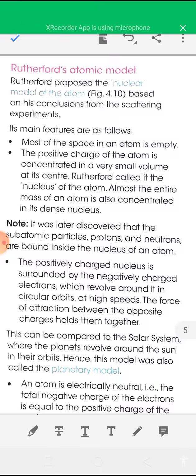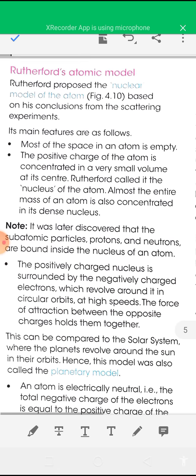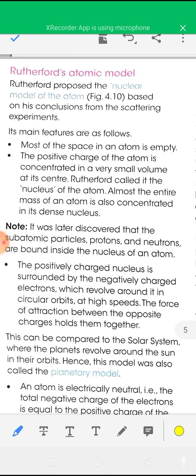Next, Rutherford atomic model, based on alpha particle scattering experiment. Rutherford proposed the nuclear model of atom based on his conclusion from the alpha particle scattering experiment.